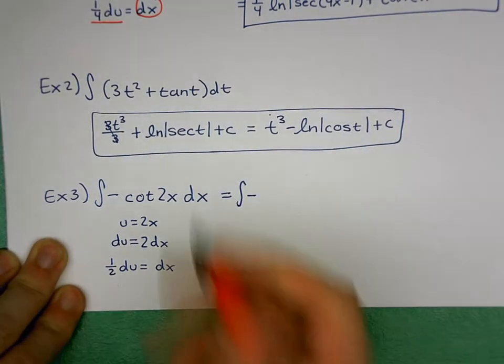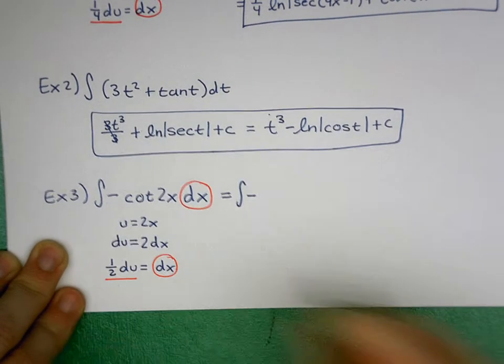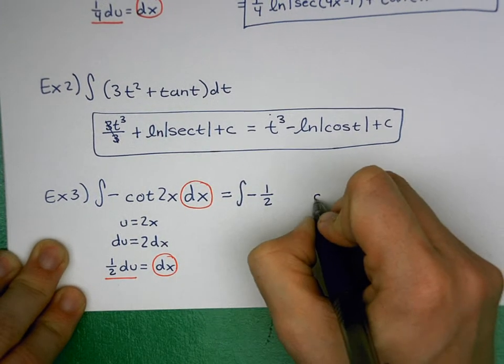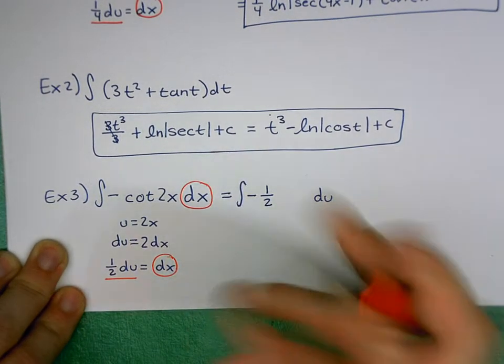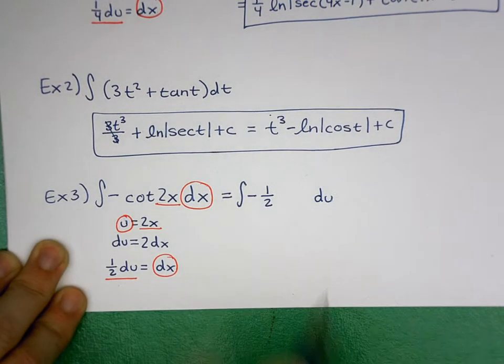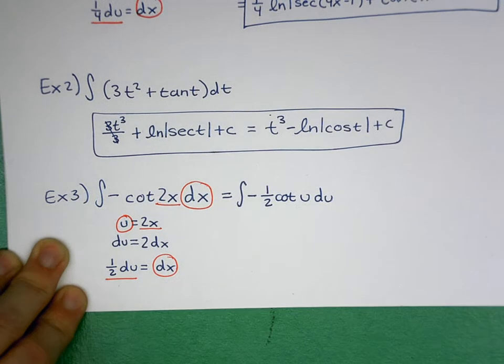Okay, and so I'm going to pull out the dx and replace it with 1/2 du. I'm going to pull out the 2x and replace it with u. The cotangent will also hang out because the cotangent didn't come out through my u/du substitution.